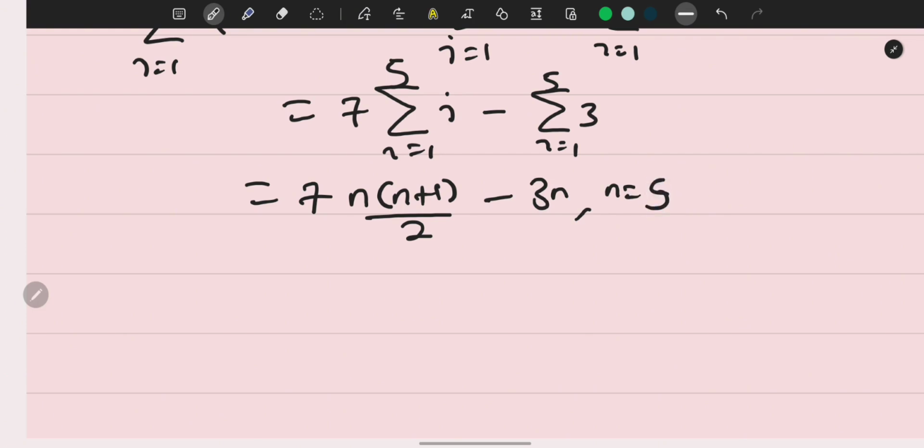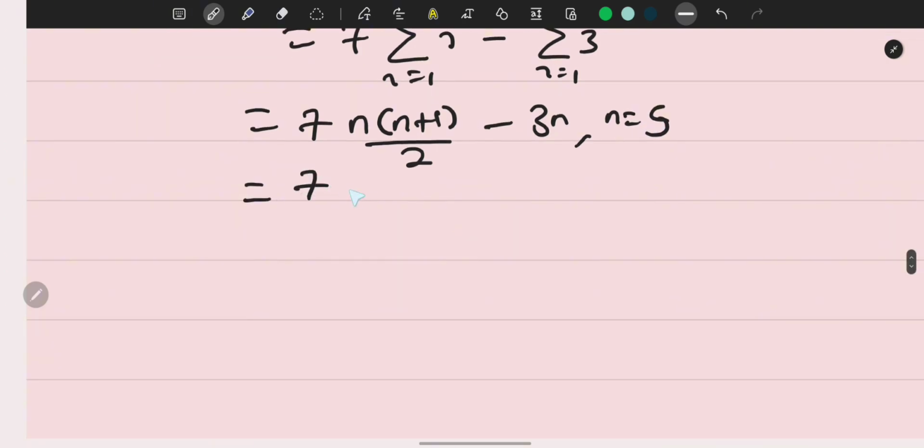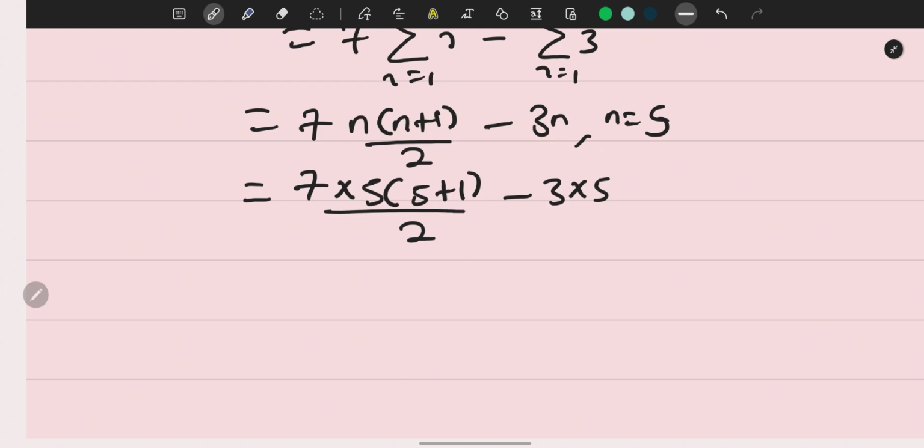Where n is 5. Okay, so let's make substitution for n to be 5 here. So by that, you're going to have 7 times 5, then 5 plus 1 over 2, then minus 3 times 5. So from here 5 plus 1 is 6, so 6 divided by 2, that will give us 3.